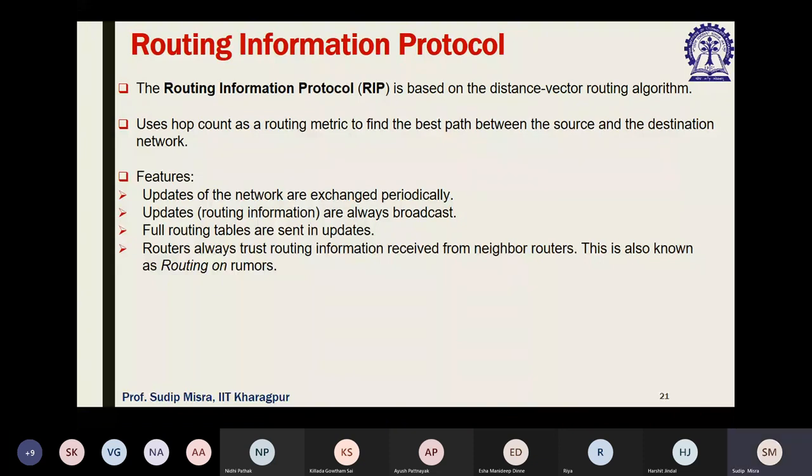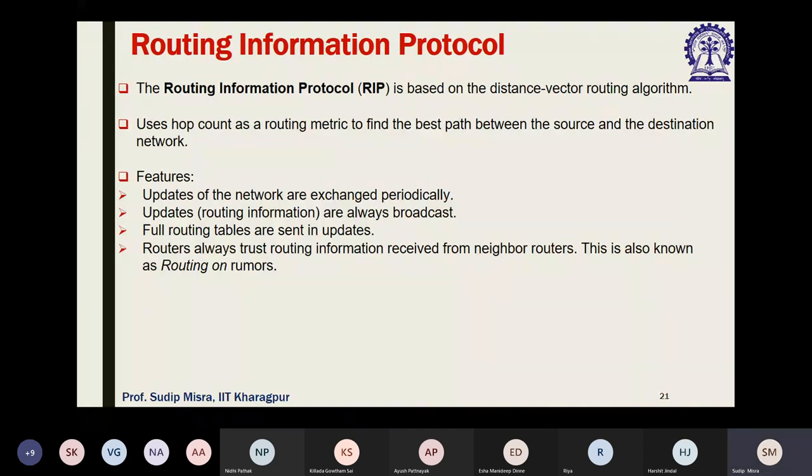So what is this periodic timer? This periodic timer is the timer which keeps track of how often the router updates its routing table, and in turn how often it is sharing with the neighbors, right?